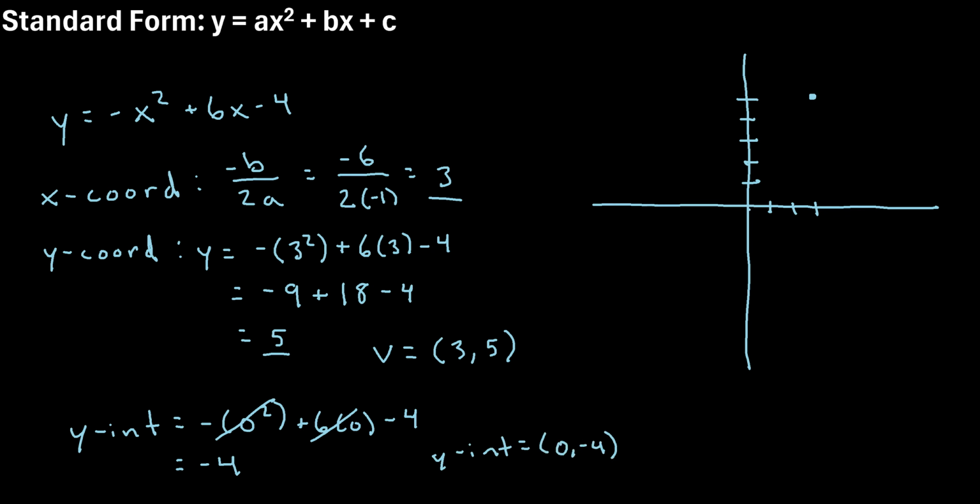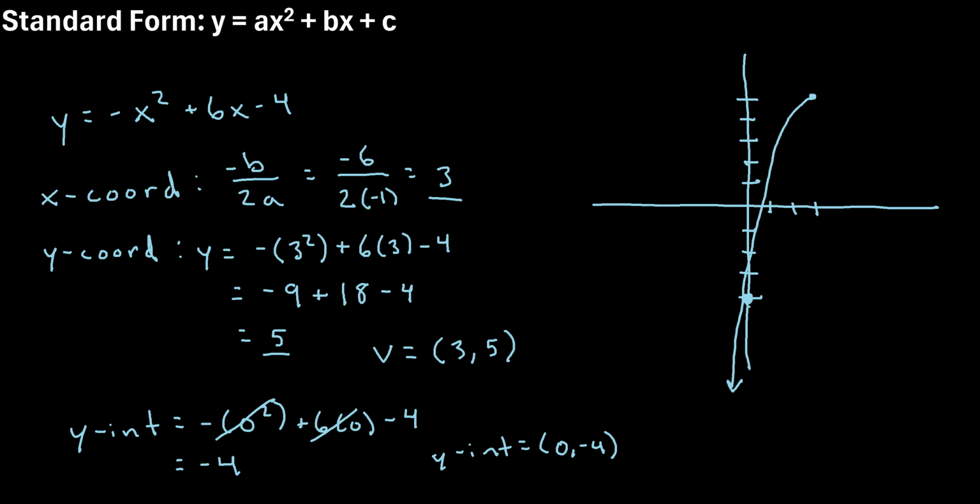So if we plot that, here's our y-intercept. So if we graph this left-hand side of our parabola, we can see that it will open down. And that makes sense because we had a negative value in front of the coefficient for x squared. So that's a dead giveaway that this parabola will open down.